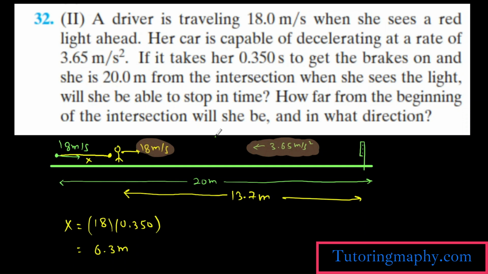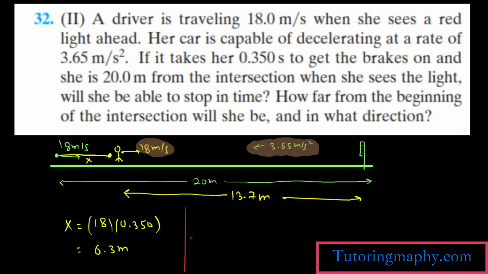So we have 13.7 meters to cover, and we're going at a deceleration of 3.65 meters per second squared, so it's negative.